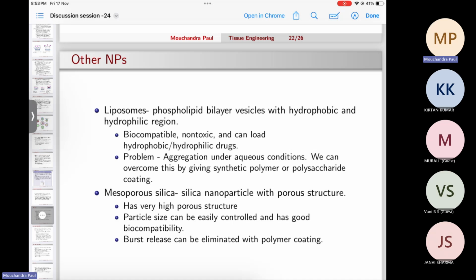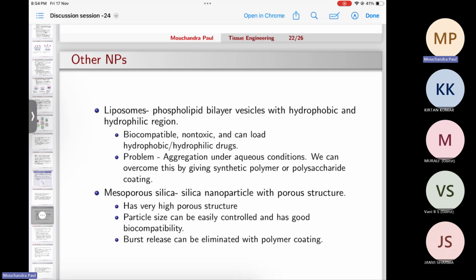The hydrophilic part of the lipid bilayer can strongly interact with the aqueous environment and thus cause aggregation. This problem can be overcome by giving a coating of a synthetic polymer like PLGA or PEG, or you can give a coating of polysaccharide, and prevent the aggregation problem.